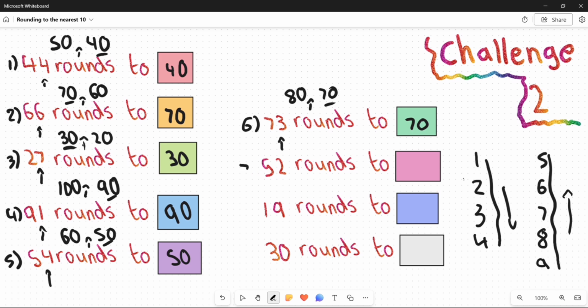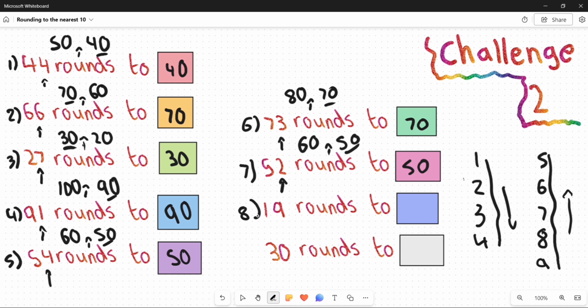So let's go to question 7. 52 rounds to dash. 52 is in the middle of 60 and 50. So we look at the number in the ones place, which is 2, and it tells us that we have to round down. And the nearest number to round down to is 50. So 52 rounds to 50.